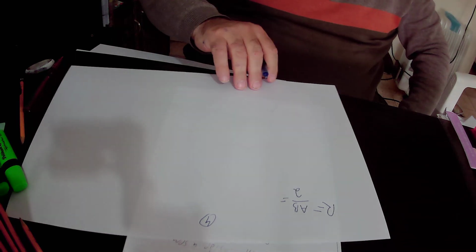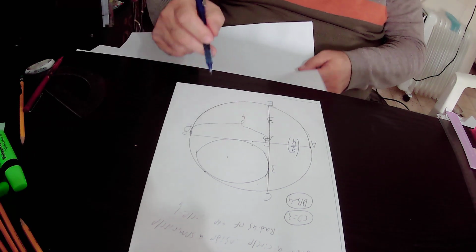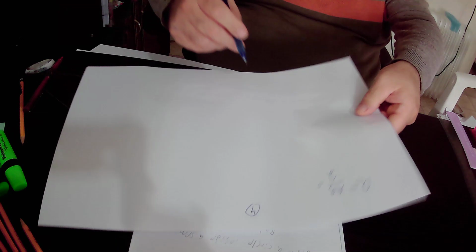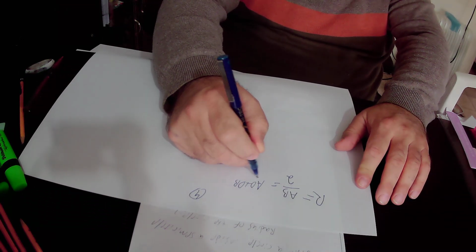What is the length of AB? AB equals AD plus DB. So R equals AD plus DB, all over 2.